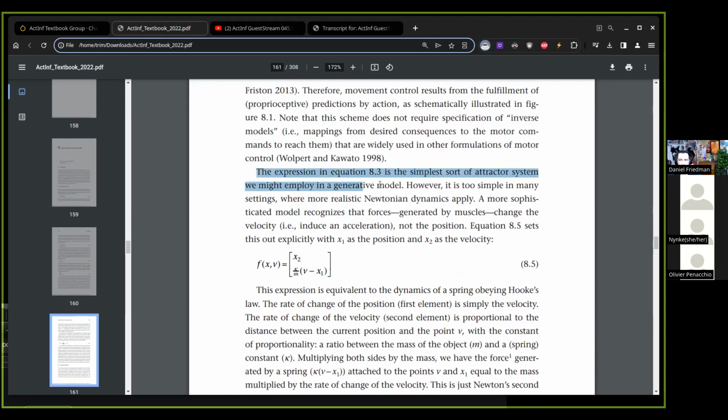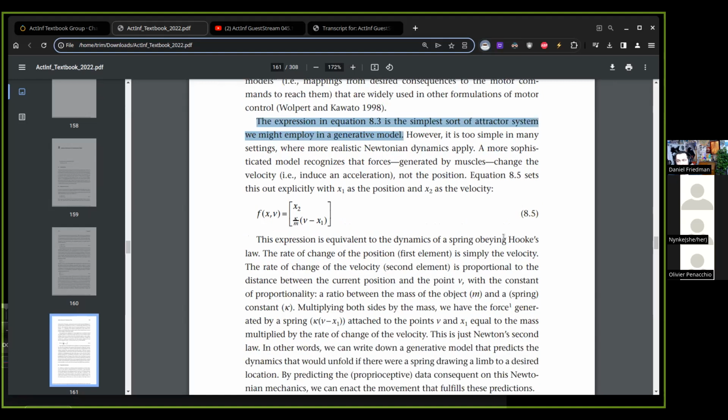Now they're going to move from this fixed point attractor into a spring attractor. So now there's going to be an oscillatory attraction with dampening.